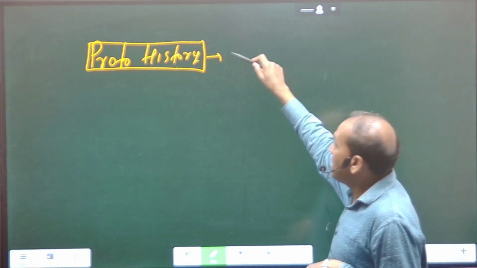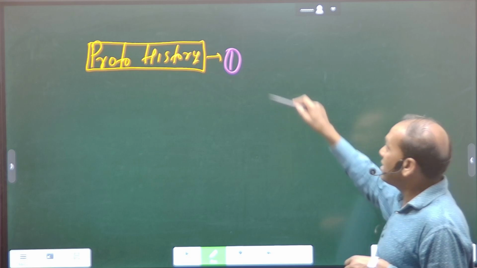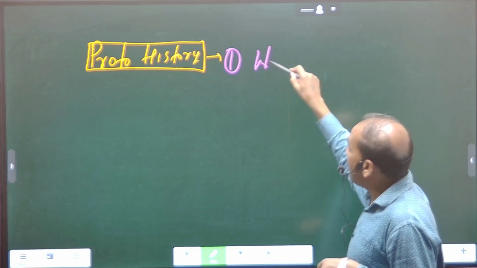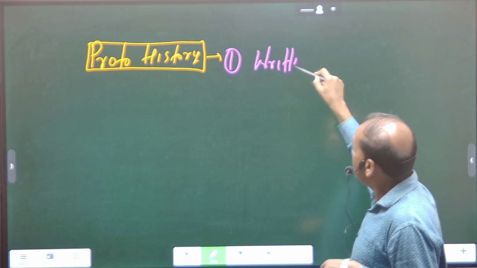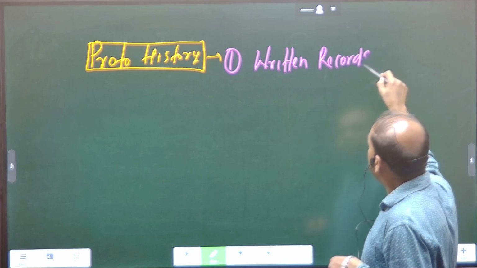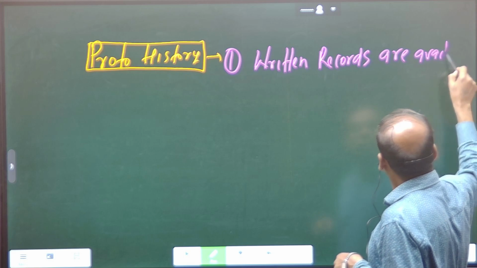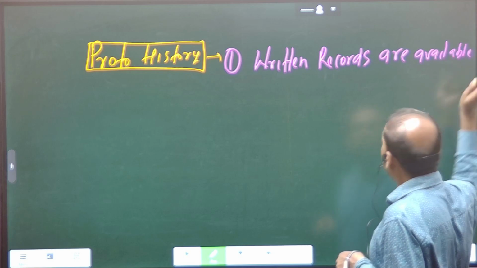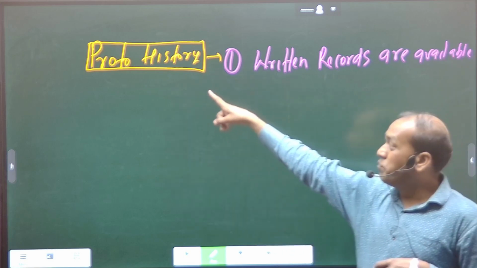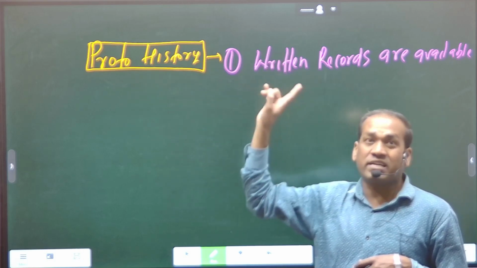So what you can write in proto-history? First point in proto-history: written records are available. In prehistory you studied that written records are not available.